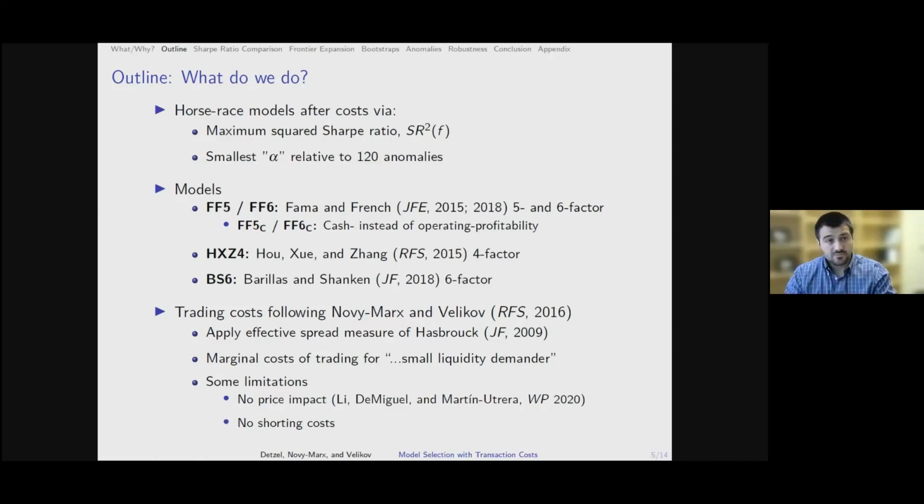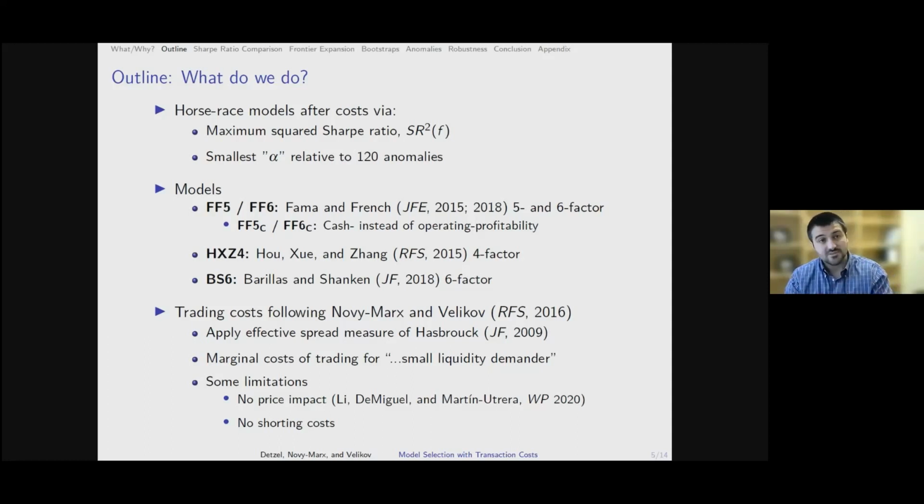Now, there are some important limitations to what we do here, and we are completely upfront about that. We do not account for price impact, which is important for large institutional managers. There is a contemporaneous paper. I see Victor here. I don't know if any of his co-authors are also present, but they show in a cool way that the maximum squared Sharpe ratio has even more problems when you think about price impact, and even for the same model, it differs by the investor you have in mind.